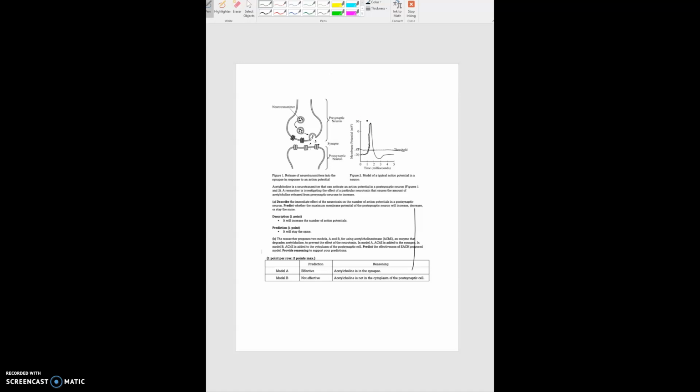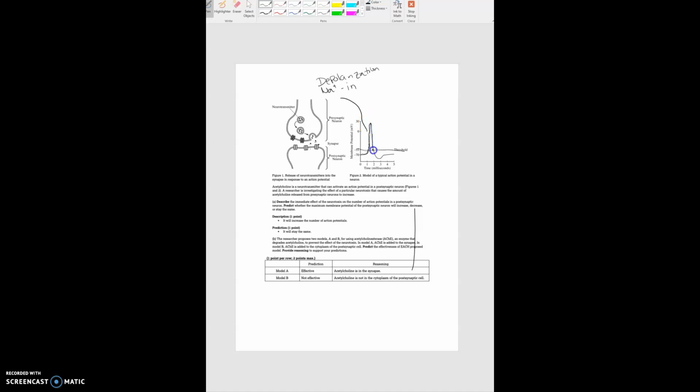So if we're talking about this side of our graph, we're going to remember the word depolarization. We're going to remember sodium rushes in, and then it's going to reach the maximum, and it's going to then drop back down.